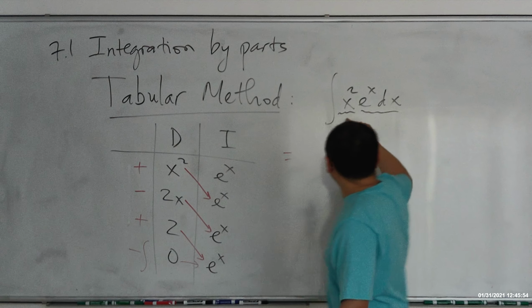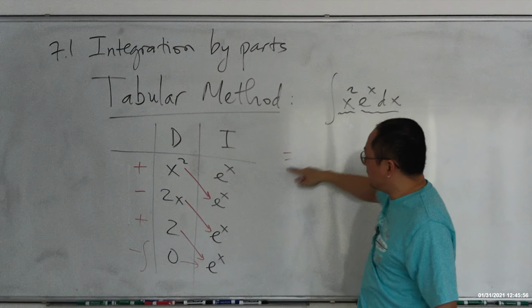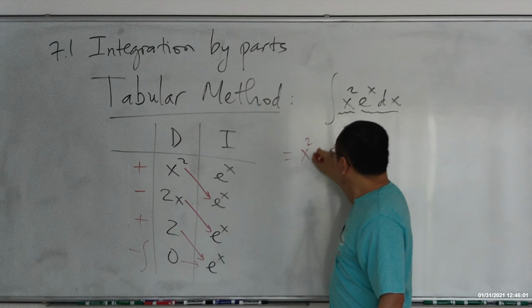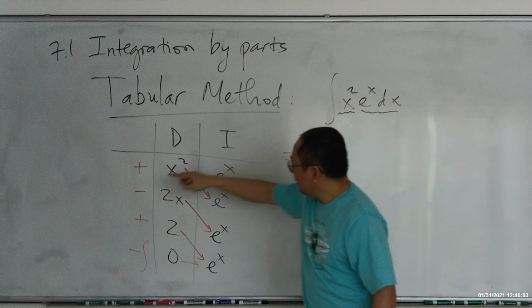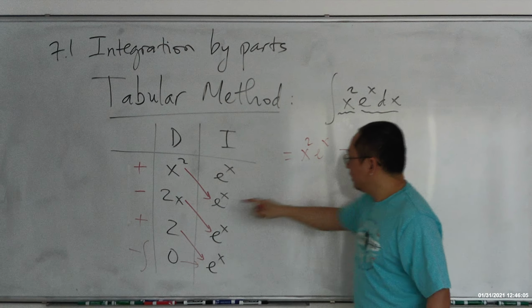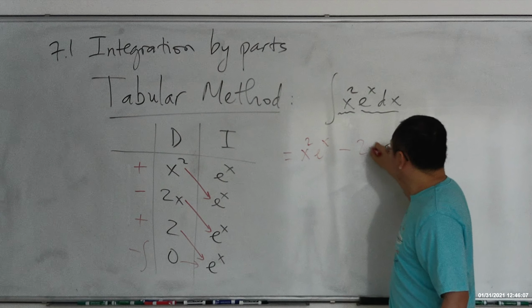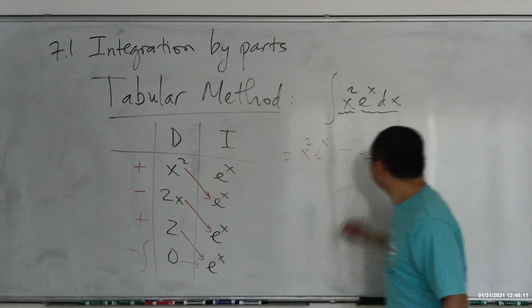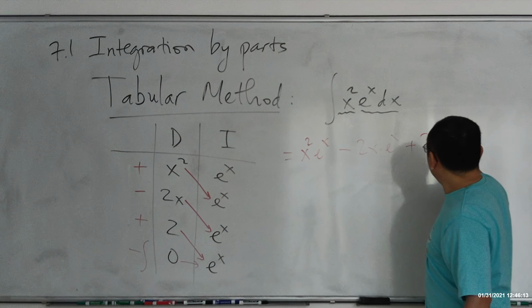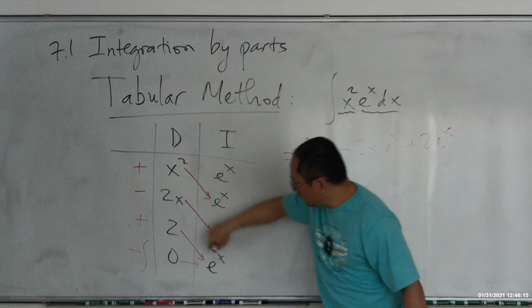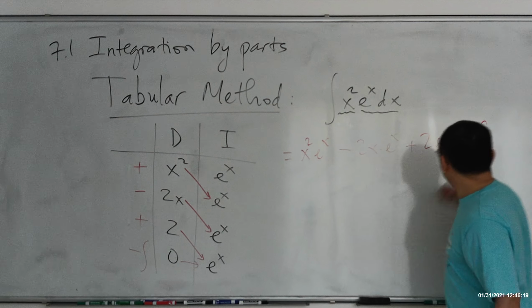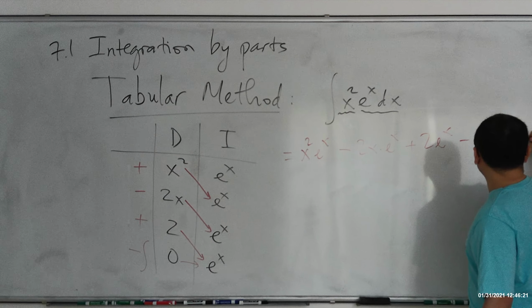And it's going to give us the answer. Watch me. So the integral of x squared e to the x dx is equal to positive x squared e to the x, minus 2x e to the x, plus 2 e to the x, minus the integral of 0 times e to the x dx, right?